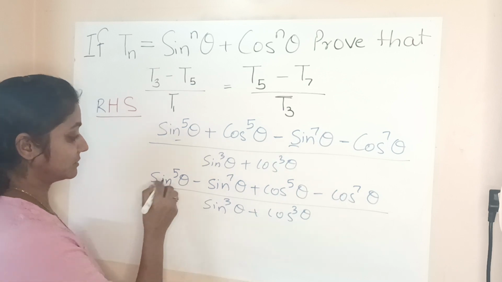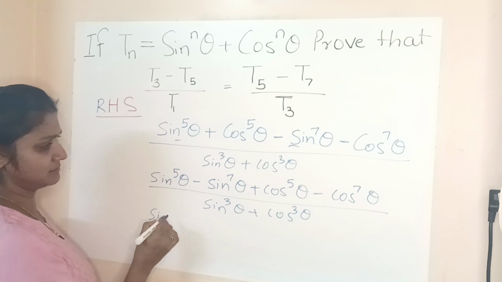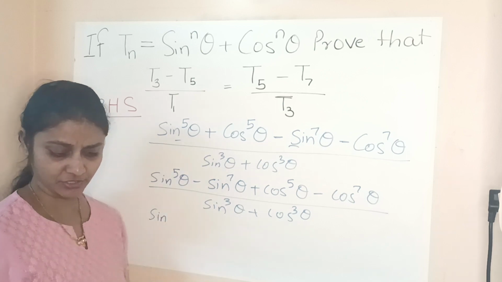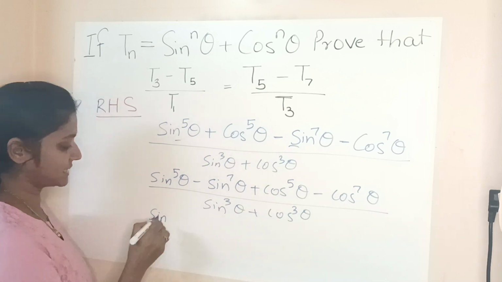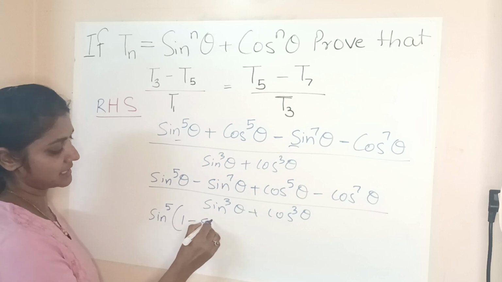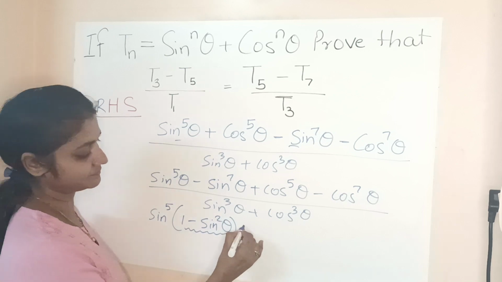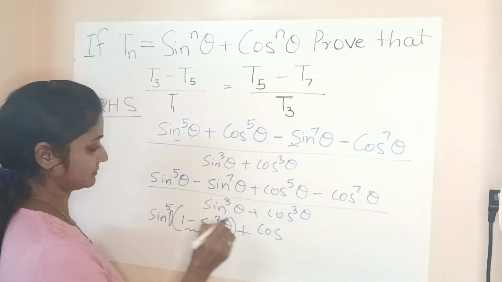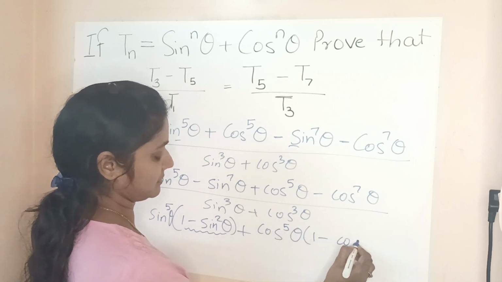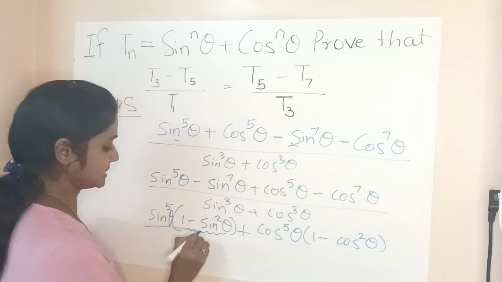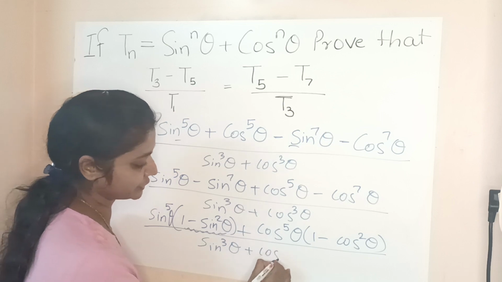Right? Now, what will come common here? Anything can come out? Sin cube. Sure? Are you sure, Sharanya? Sin to the power 5 will come out, and inside 1 minus sin square theta. We need to make sure that we get this because this is a trump card. Yes, the denominator remains the same, sin cube theta plus cos cube theta.